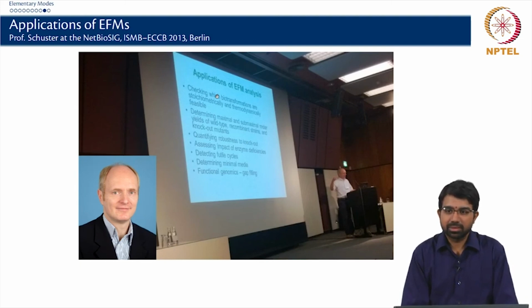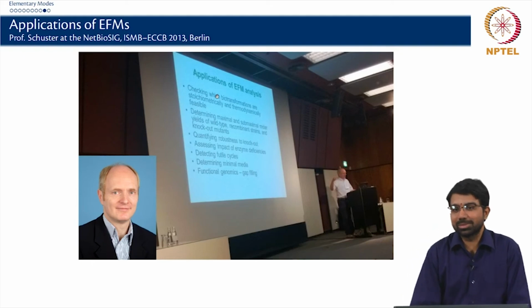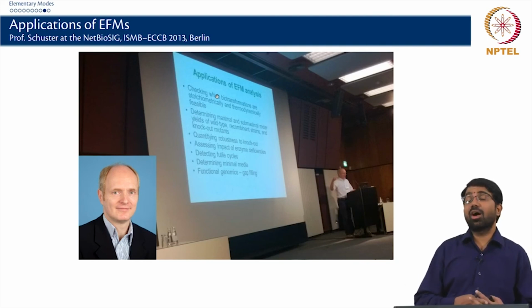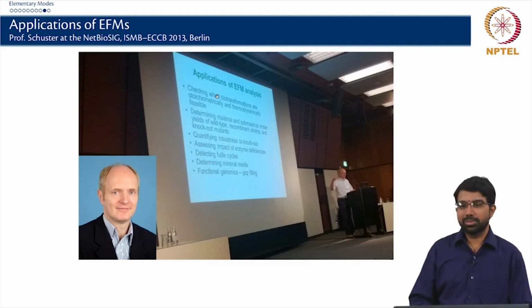So you can potentially use this to get minimal genomes, right? So the union of all your essential EFMs will be a minimal genome. No, but finding EFMs is already complex.